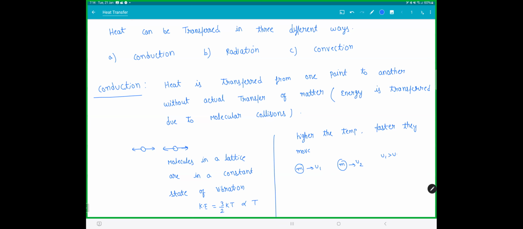And if U1 is greater than U2, and if it's a perfectly elastic collision, after collision, what happens? They exchange velocities. This one becomes U2 and this one becomes U1.